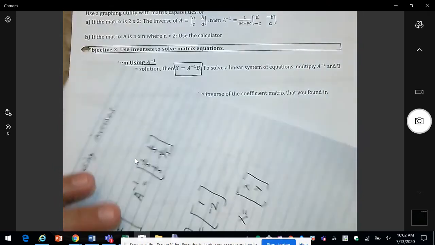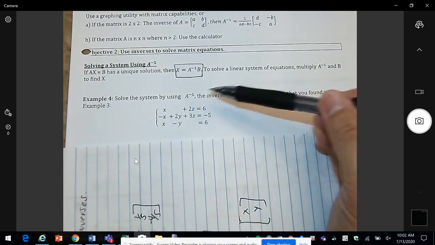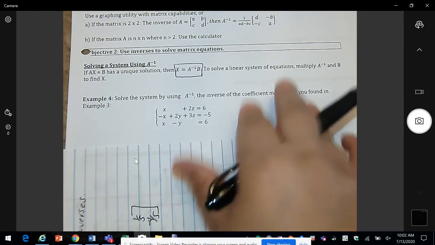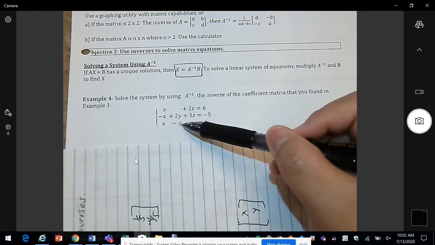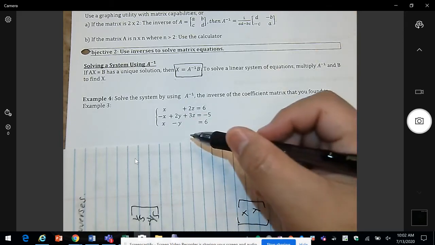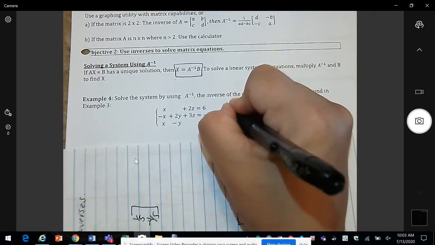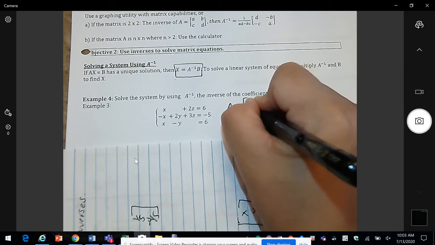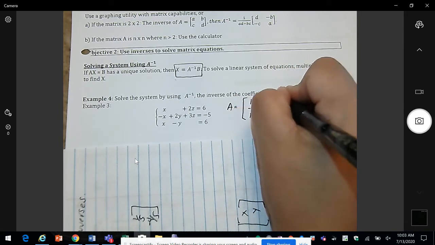So let's look at example 4. It says solve the system by using A inverse, the inverse of the coefficient matrix that you found in example 3. And so let's just make sure that our matrix is the same. Okay. So here my matrix A is 1, 0, 2, -1, 2, 3, 1, -1, 0.